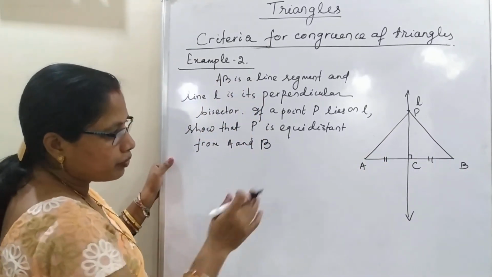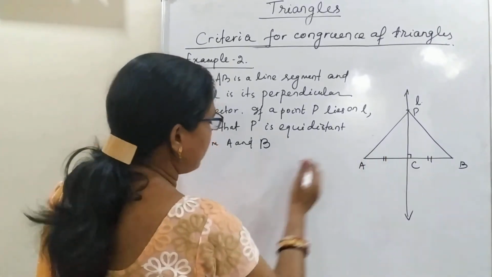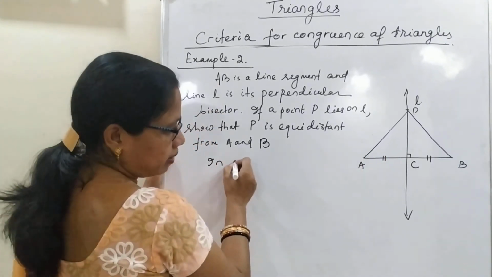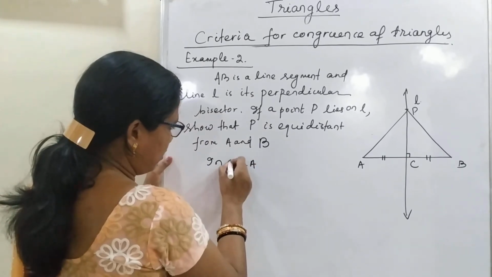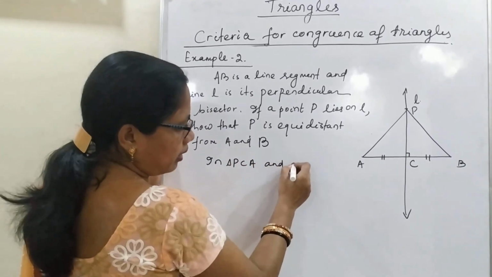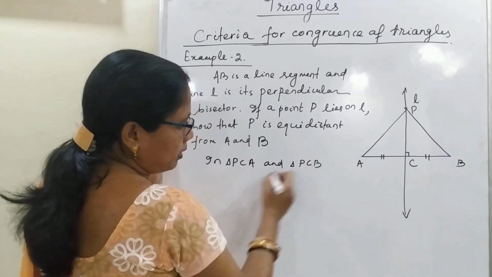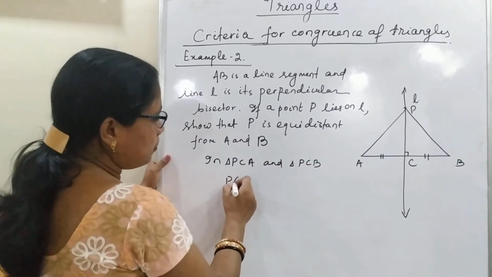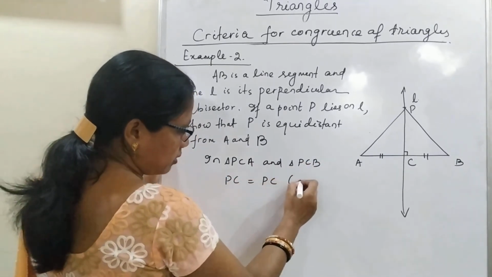So how will we prove it? First we will take two triangles, PCA and PCB. PC is equal to PC, common.